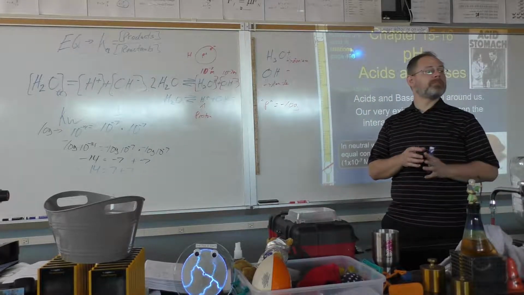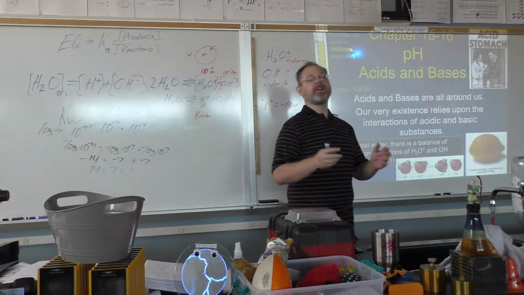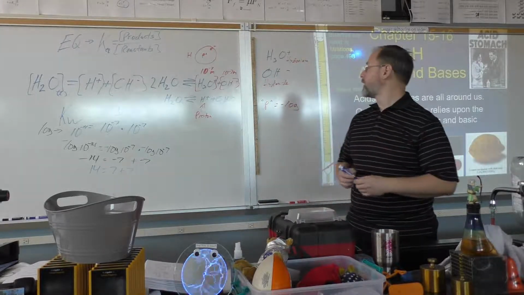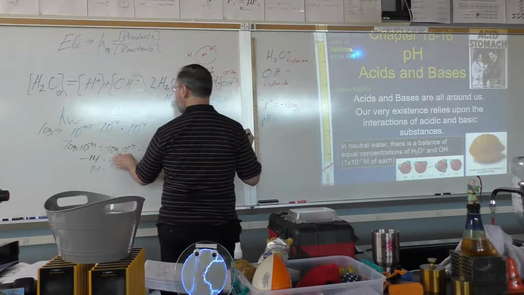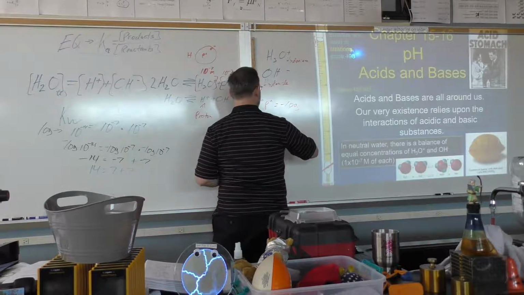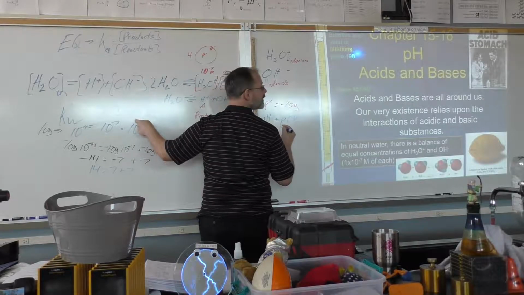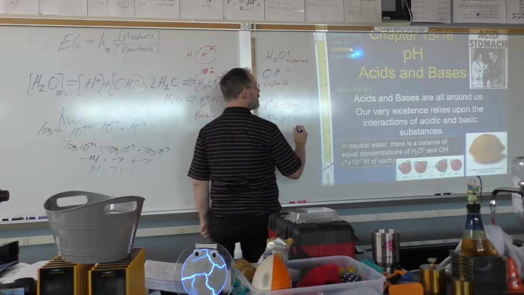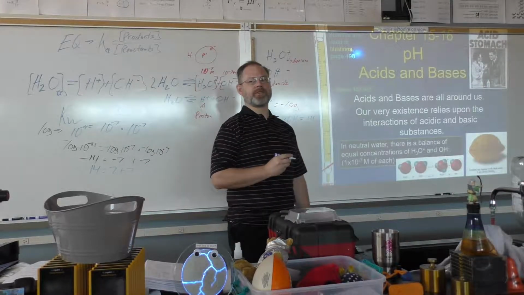So, let's look at some really cool relationships that exist because there is a balance of hydronium and hydroxide in water. Here's the relationship: pH, which is the negative logarithm of the hydronium ion concentration, plus pOH, which is the negative logarithm of the hydroxide concentration, equals 14.